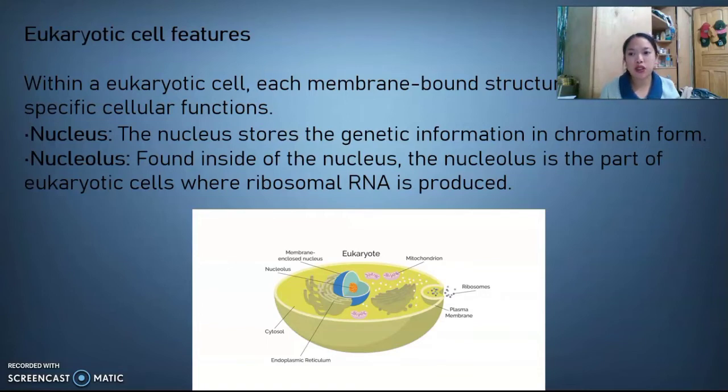The nucleolus, found inside the nucleus, is the part of eukaryotic cells where ribosomal RNA is produced. So, this is the nucleolus. This is where the ribosomal RNA is produced.